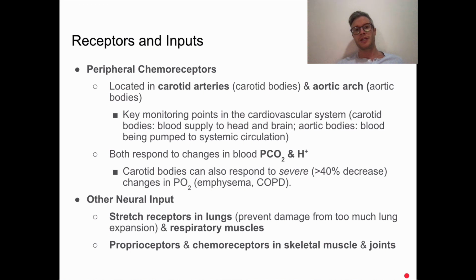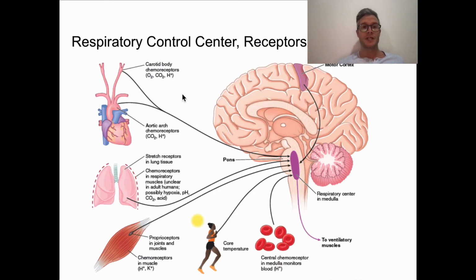And then peripherally, we have drivers that are primarily carbon dioxide and acid, or hydrogen proton concentration, and very few related to oxygen. Okay, there's some oxygen there, but that's primarily it. So in the carotid body. Okay, but other than that, not anything. And that's important because we need to ensure there's enough oxygen getting to our brain. Okay.